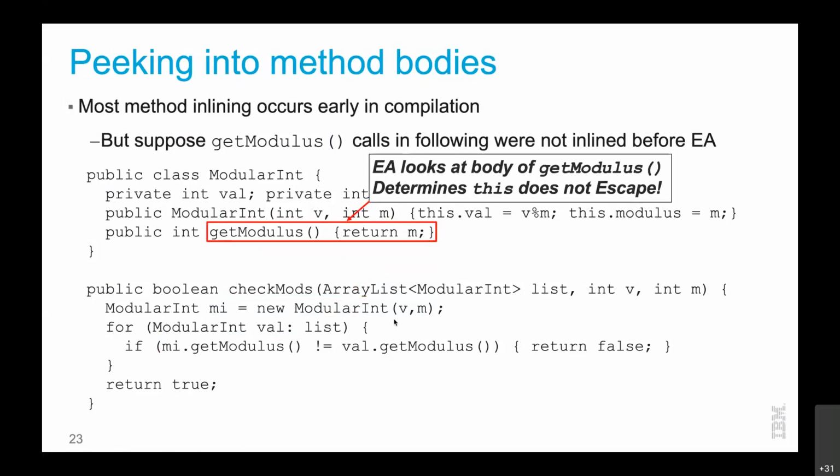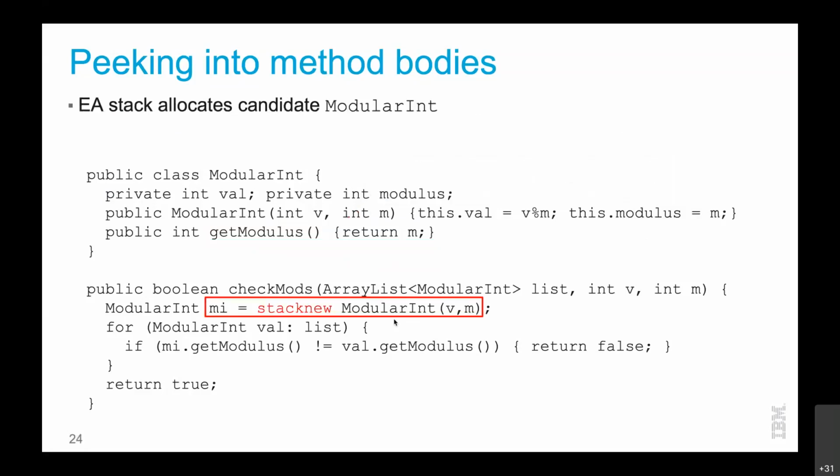It's not being assigned to some random location in some other data structure or anything like that. It's simply getting a field from the object. So EA is able to then stack allocate the modular int. And so everybody's happy.